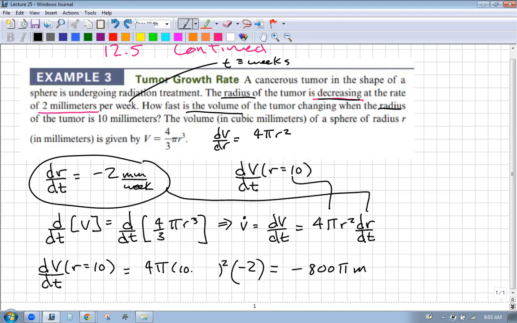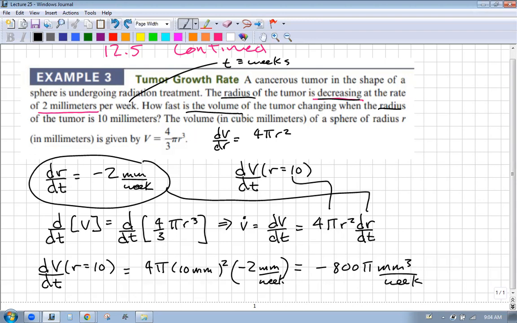The radius is in millimeters, and the rate of change is millimeters per week. We're getting millimeters squared, millimeters cubed per week. This is what we would expect for a change in volume with respect to time. Volume per time.